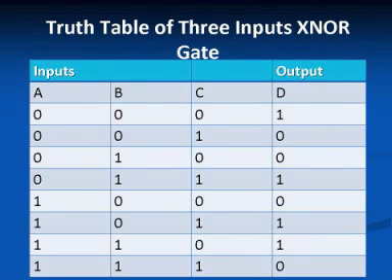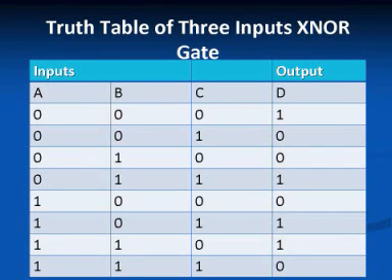That is, in order of A, B and C, 0, 0, 0, D is 1. 0, 0, 1, D is 0. 0, 1, 0, D is 0. 0, 1, 1, D is 1. 1, 0, 0, D is 0. 1, 0, 1, D is 1. 1, 1, 0, D is 1.